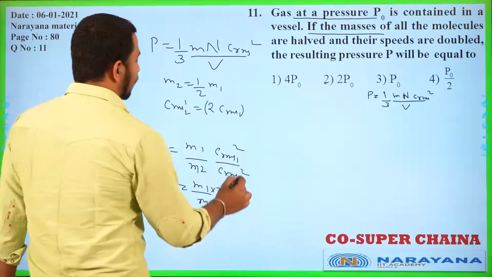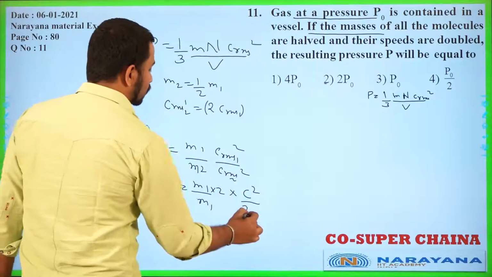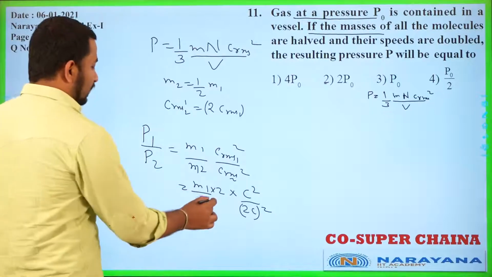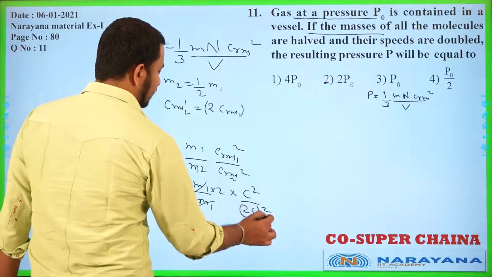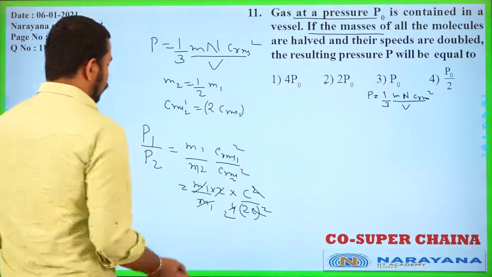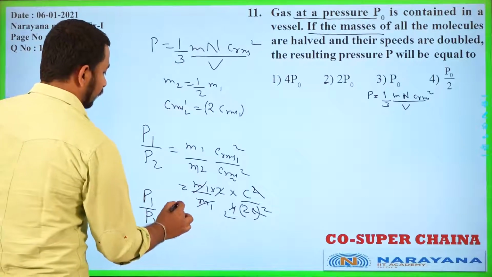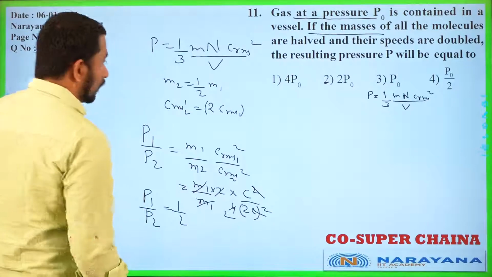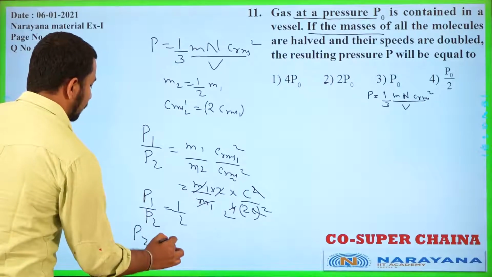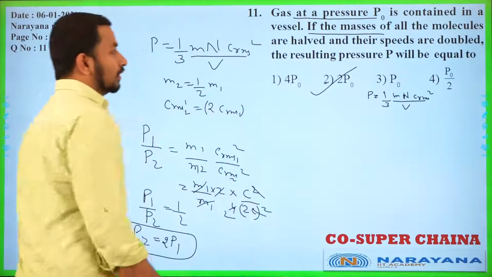Now C RMS 1 we named as C, so C square, and this is 2C whole square, right? Because now the speed is doubled. So this C square cancels, and we are left with 4. So P1 by P2 is coming as 2 times 1 by 4, that is 1 by 2. So P2 will be 2 P1, right? And that will be the answer of this question.